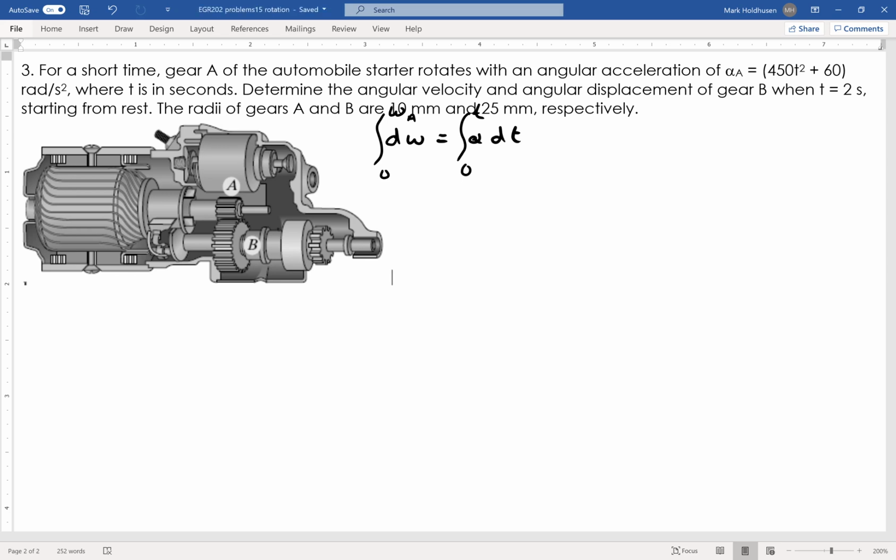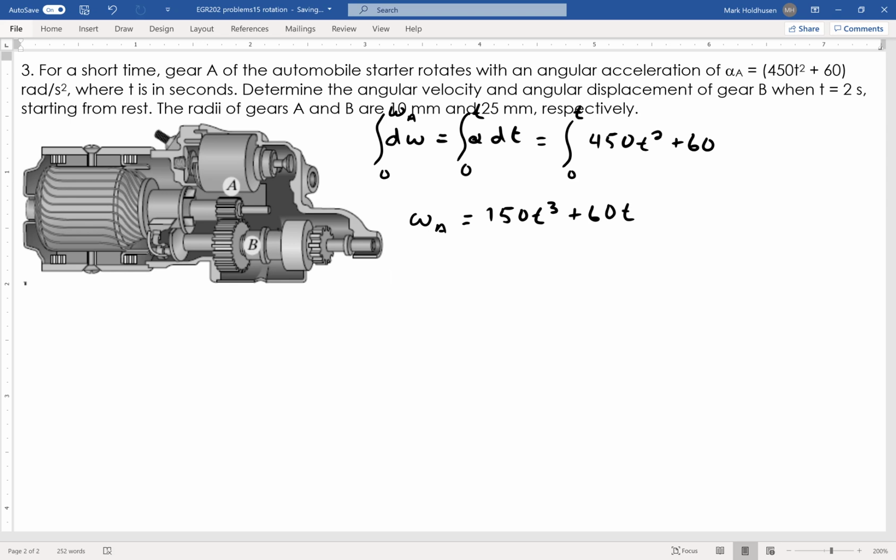Okay, so again, knowing that alpha equals 450 t squared plus 60, and again I'm going to go from 0 to t on this guy. I'm going to go ahead and do that integral. Now the left side will just very simply be omega a, and the right side then becomes 150 t cubed plus 60t.